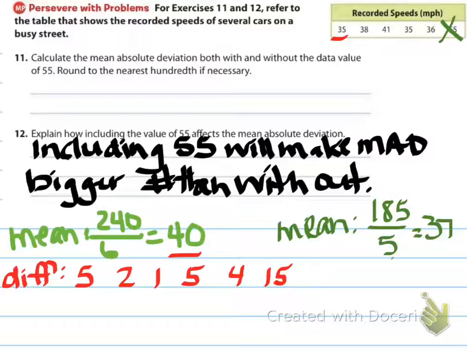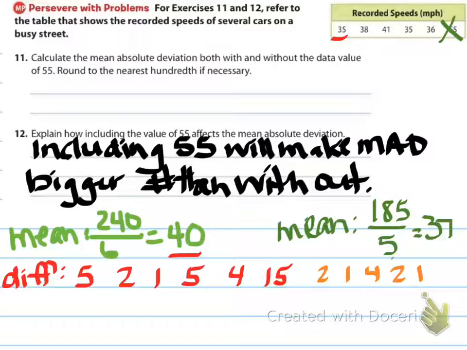Whereas over here, now it's 37 that I'm using, and so my differences are just a touch different. I'm now going to do 37 minus 35, which is 2, 38 minus 37, which is 1, 41 minus 37, which is 4, 2, 1, and I'm not including anything else because that's all I have.